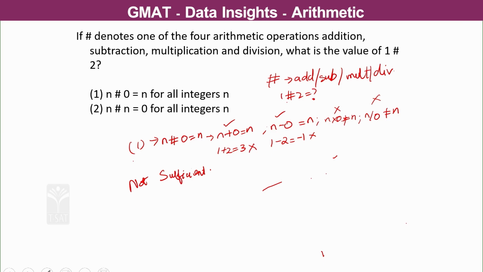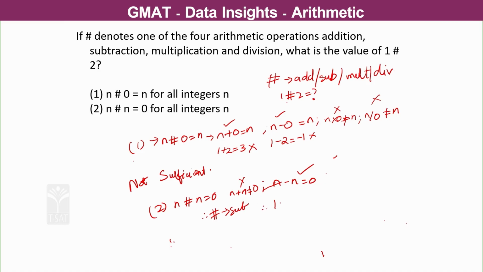Now, let us look at the second statement. The second statement is telling us n hashtag n is equal to 0. Is it possible when it is addition? n plus n is equal to 2n and it is not equal to 0. So, no. And n minus n is equal to 0. So, yes, it is subtraction, and neither multiplication nor division will give you the answer. So, you know that hashtag is nothing but subtraction.